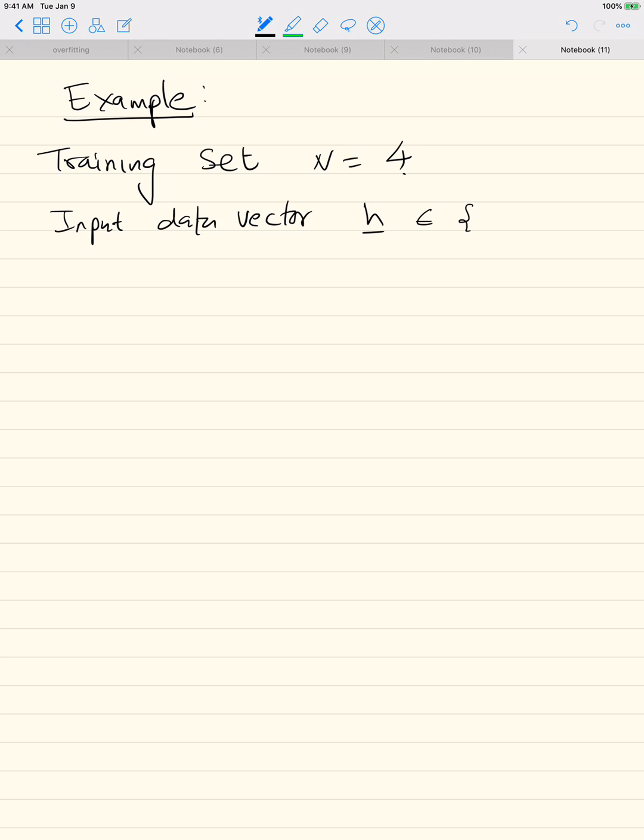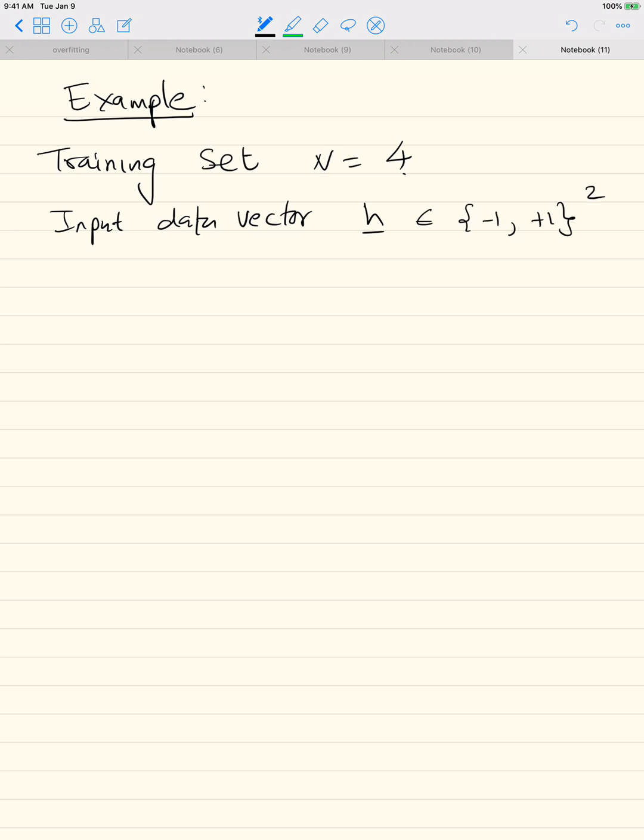So let's do an example next to see how neural networks can be used to implement nonlinear decision boundaries. We'll do an example where we have a training set with 4 points, and our input vector H will have entries which are either -1 or +1.